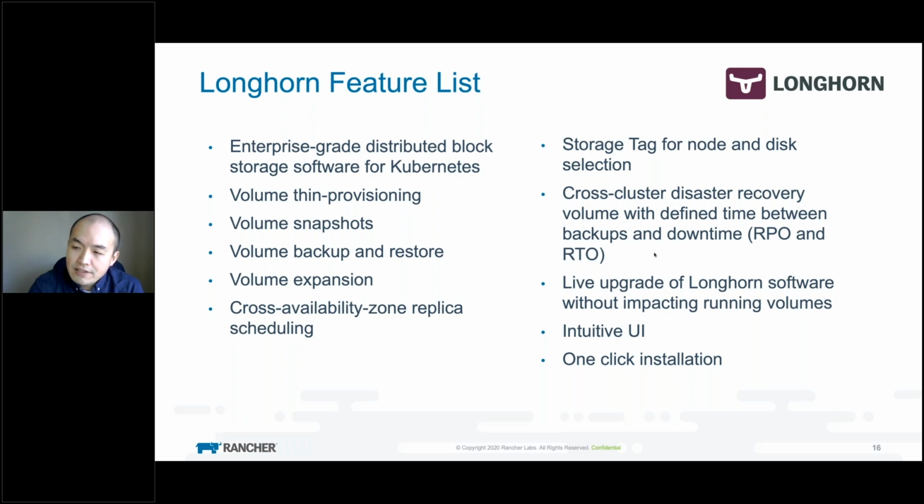So if your main cluster goes down, the backup cluster can be brought up immediately because the data has already been restored there, and you can start running the same workload with that replicated data to minimize your service downtime.